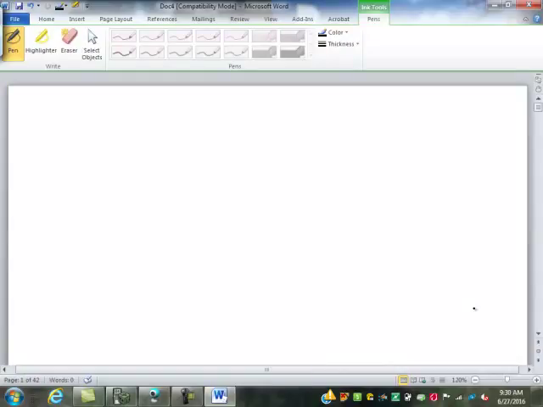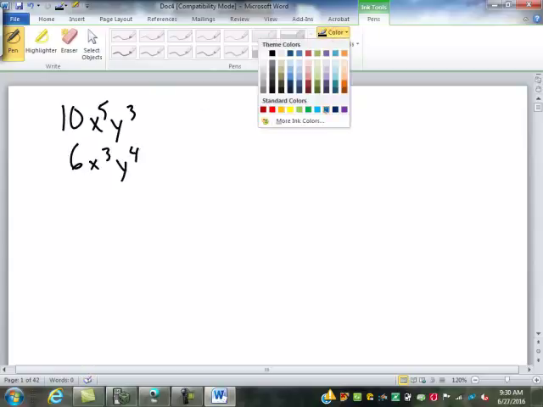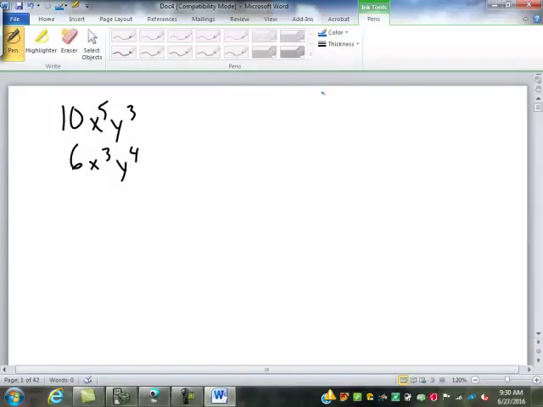So let's say I give you something like 10x to the fifth, y to the third, and 6x to the third, y to the fourth. I don't have to worry about the variables. We know a shortcut that allows us to just get the variables.